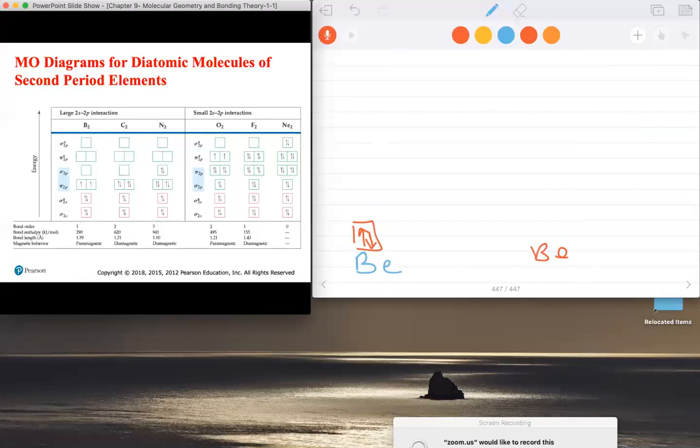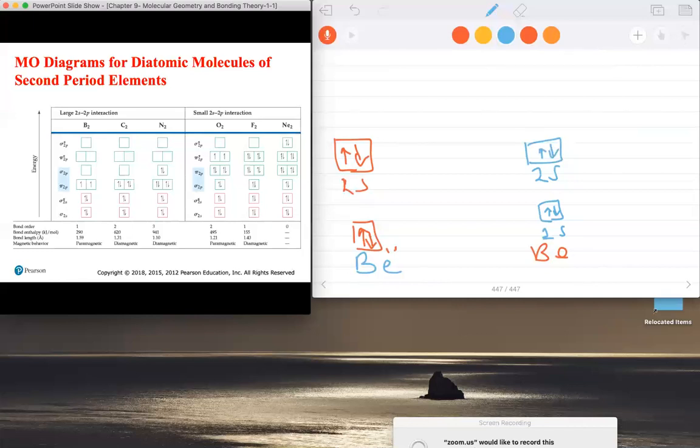This is 1s, 1s, 2s with 4 electrons. If I have 1s here with 2 electrons, and then 2s with the 2 electrons right there.